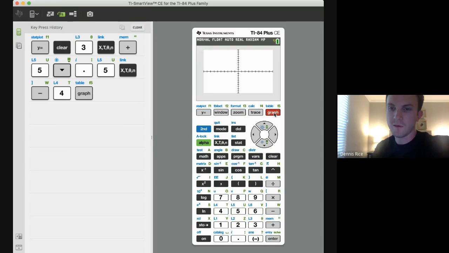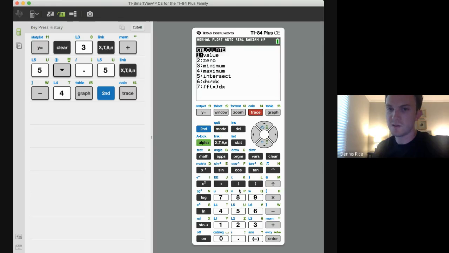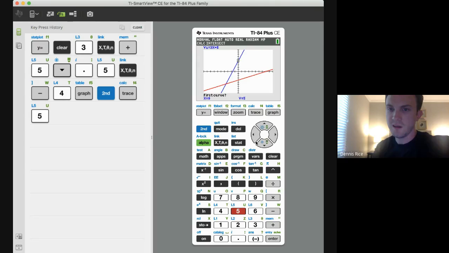Hit graph. See your two lines. Now for intersect, we hit second trace, choice 5. For intersect, you're supposed to go close to it, but technically it doesn't matter if they only intersect once. And then you just hit enter 3 times. Bop, bop, bop. And we get negative 3.6. As easy as that.